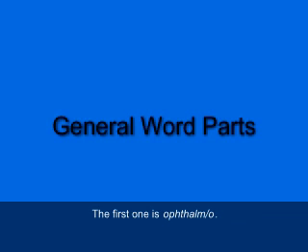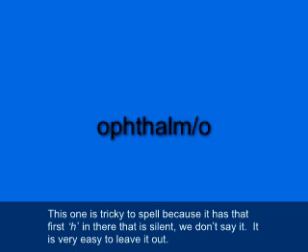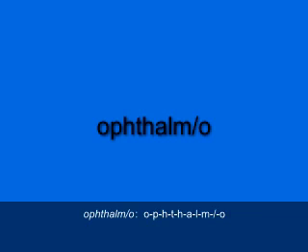The first one is ophthalmo, OPHTHALM/O. And this one's tricky to spell because it has that first H in there that is silent. We don't say it. It's very easy to leave it out. Ophthalmo, OPHTHALM/O.